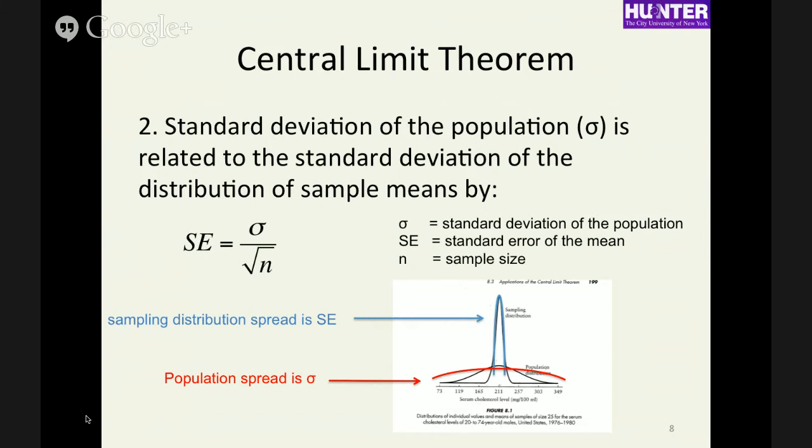So the question is how many samples go into the sampling distribution? And the answer is, for a smooth line like that, it's an infinite number of samples. You can approximate it with any large number of samples. Like I gave some examples in the last class where I plotted histograms.